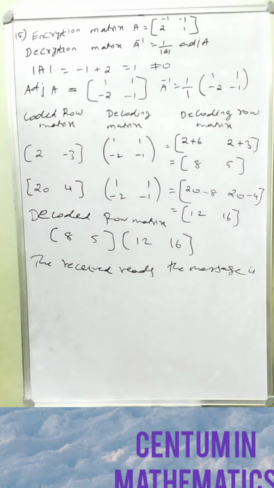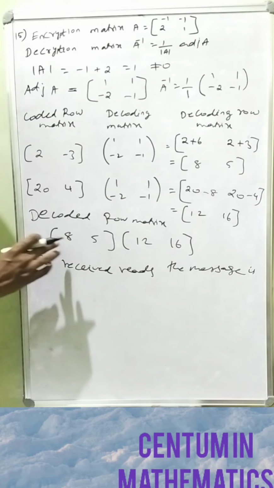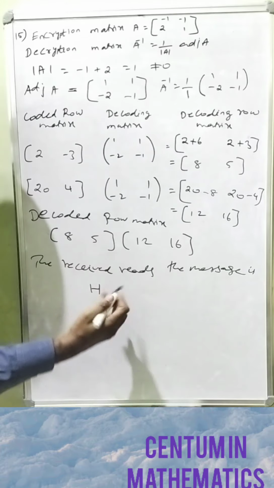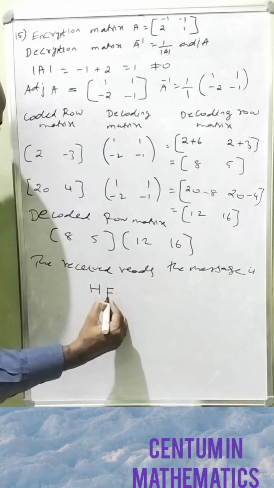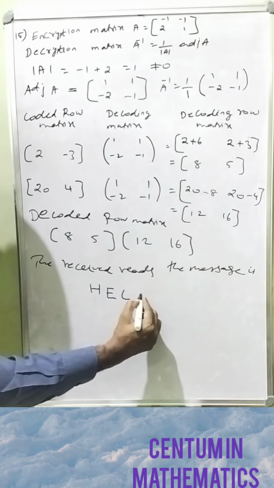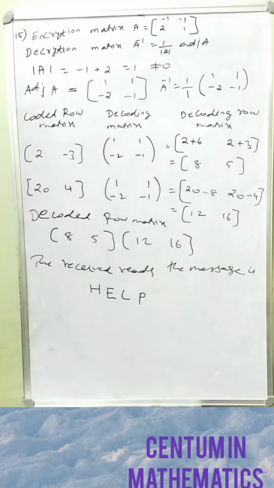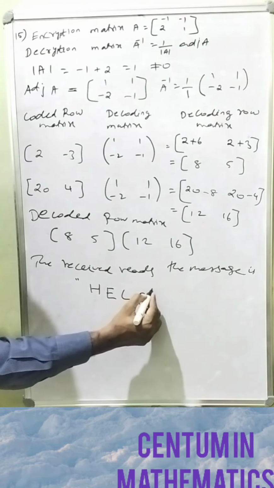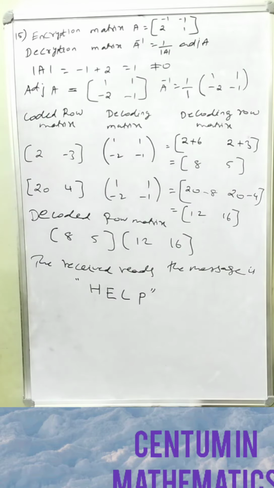See that here, 8 means, in the alphabet, H, and 5 means E, and 12 means L, 16 means P. So we get the word: HELP. So it is help. It is the way we have to find the answer.